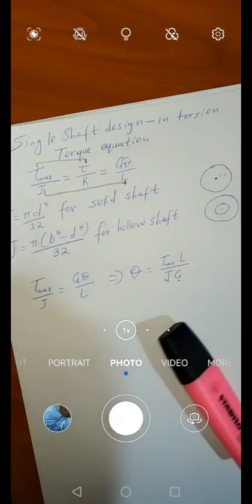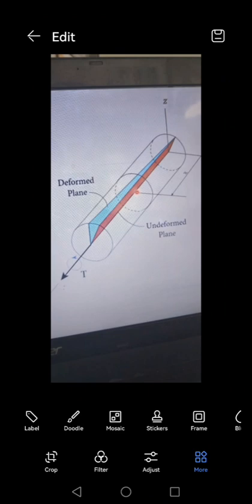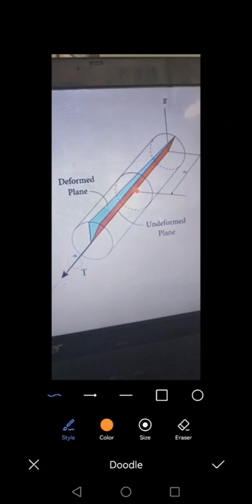So like this here, the angle of twist, somewhere here, it will be this size. This is the angle of twist, but somewhere here the angle of twist will be about this size, and then somewhere the angle of twist will be very small.